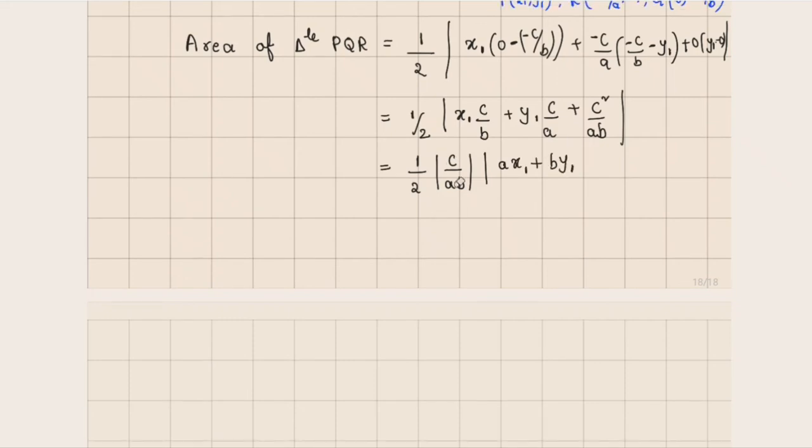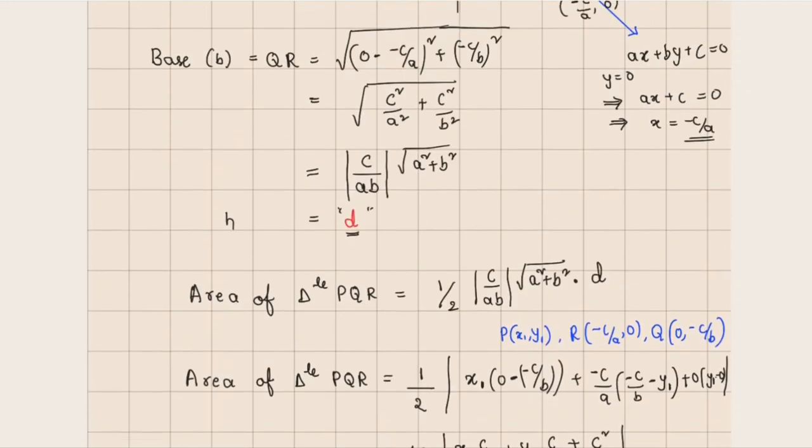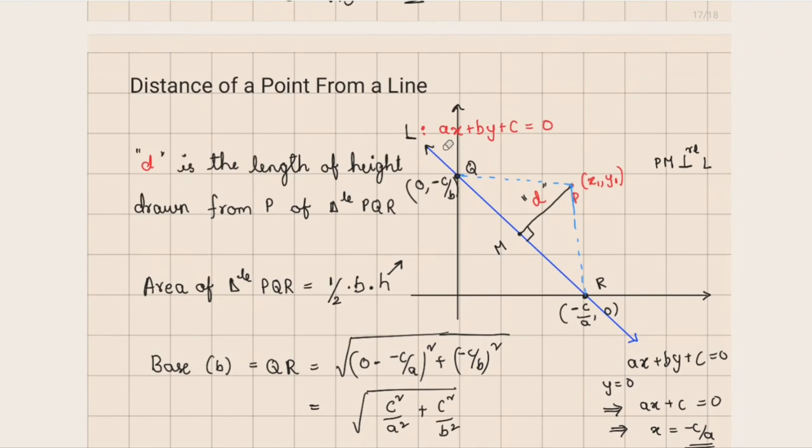See, if you multiply c by ab into a, you get c by b, which is the x1 coefficient here. If you multiply c by ab with b, you get c by a, which is the y1 coefficient. So, which is c. If you observe ax1 plus by1 plus c, which is the same as the line equation L with x and y substituted by x1 comma y1.